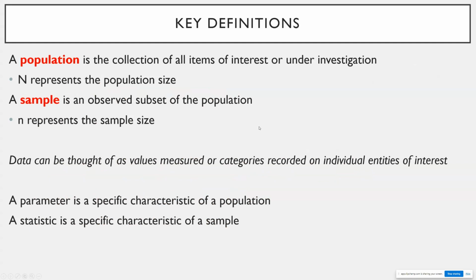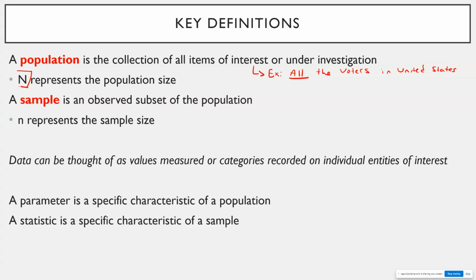We were talking about a population. A population is the collection of all items of interest or under investigation. In our example, our population would be all the voters in the United States, all the eligible voters. That doesn't mean they're actually going to vote, but all the eligible voters.